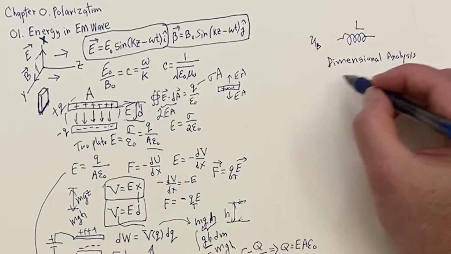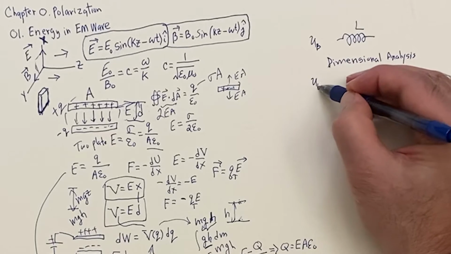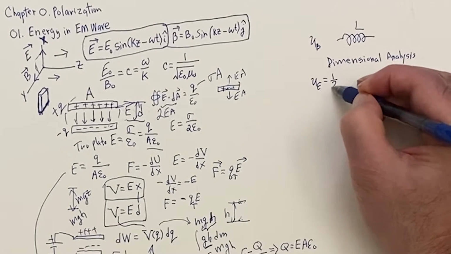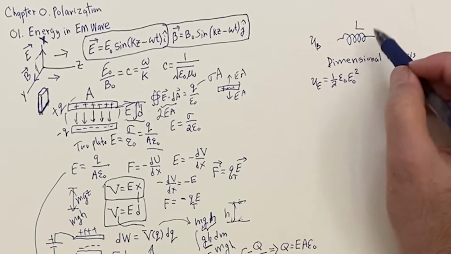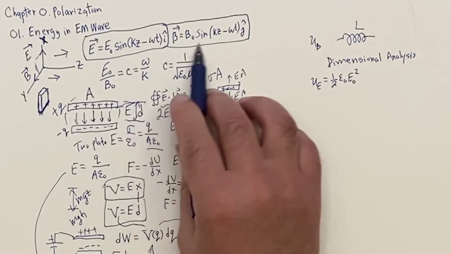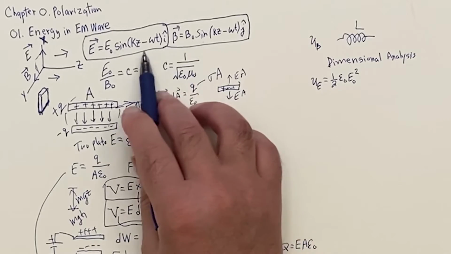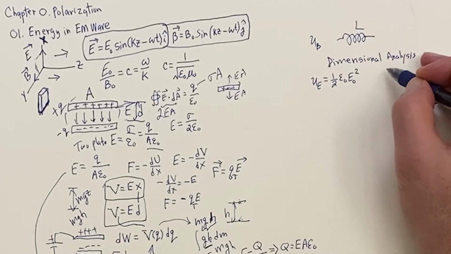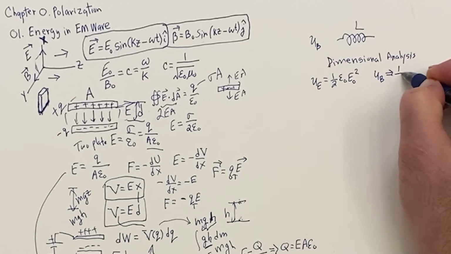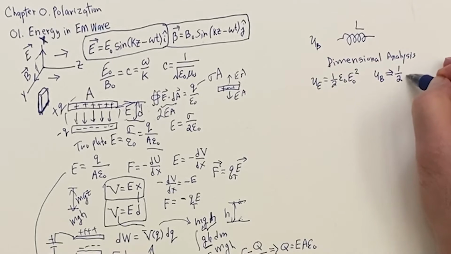So I'm figuring, since the energy density for the electric field is given by this, and the fields look the same in terms of the sine function, and there's a connecting equation here, of course, the magnetic one is probably going to have this 1/2, and it'll probably have some mu naught in there, and it'll then have a B naught squared.